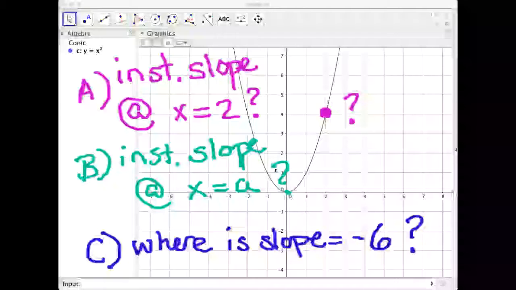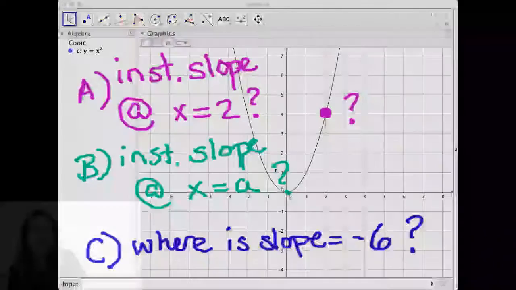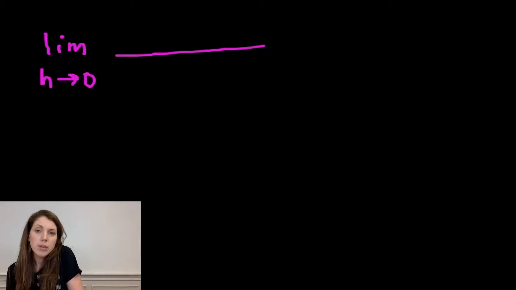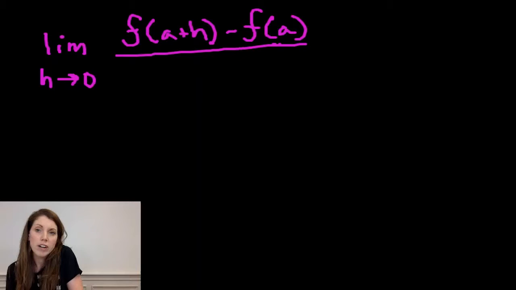Okay, so starting with instantaneous slope, let's come here to our blank screen. We know that we can find instantaneous slope using limits, specifically the formula that says let's find the limit as h goes to 0 of f of a plus h minus f of a all over h.